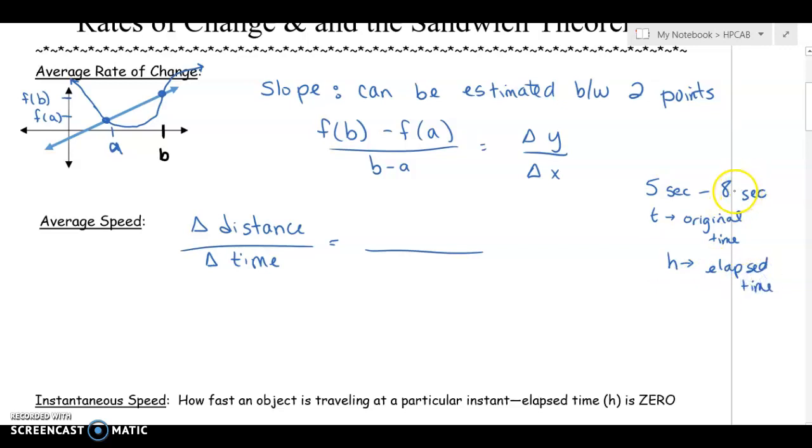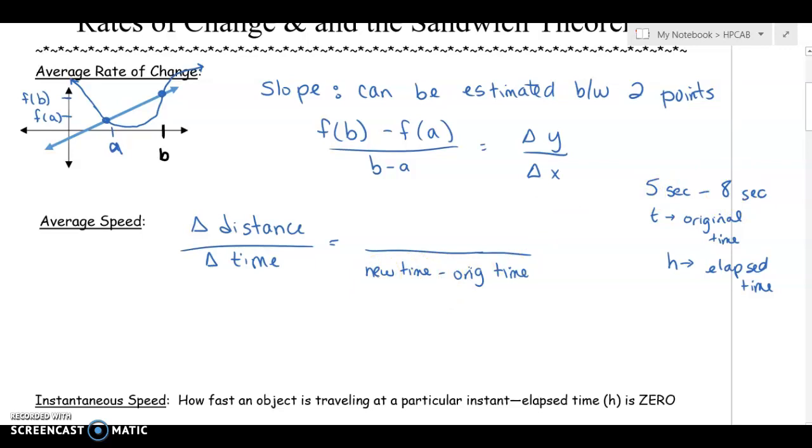So not the new time, but the elapsed time. In this case, it would be 3, because from 5 to 8, it's 3 seconds. Those are the letters we're going to use. Our time would be calculated by doing the new time minus the original time. New time minus original time will give you the elapsed time.